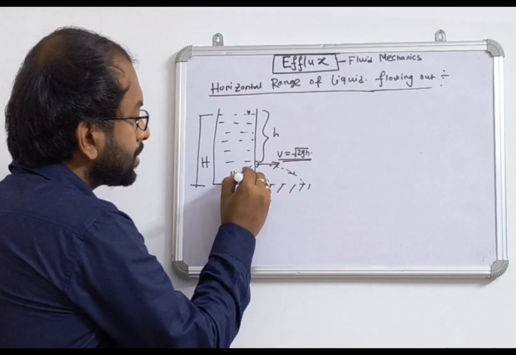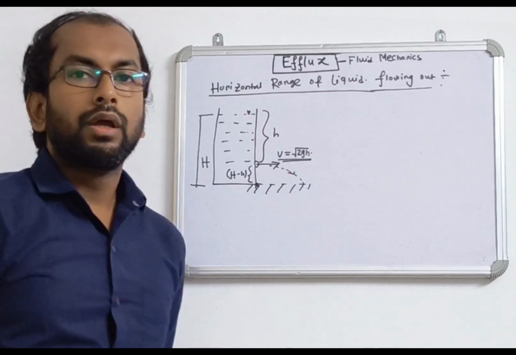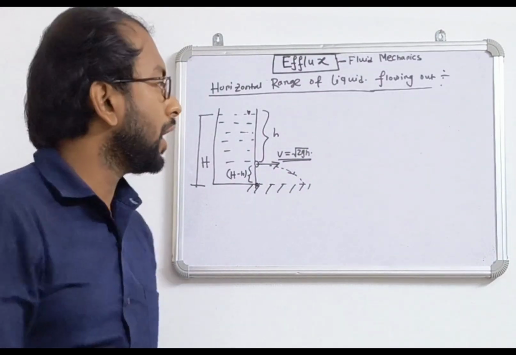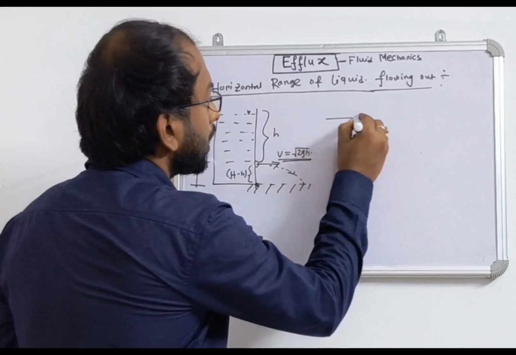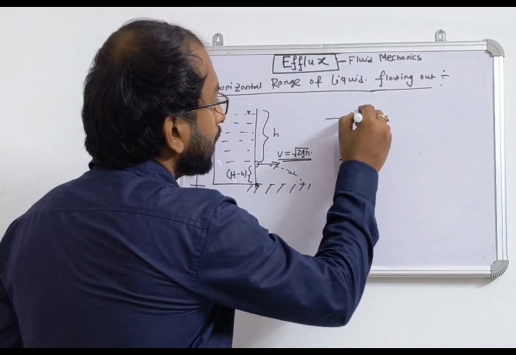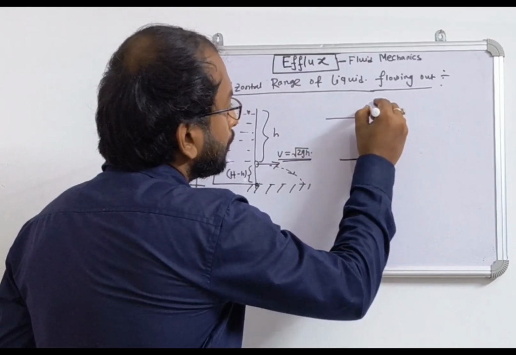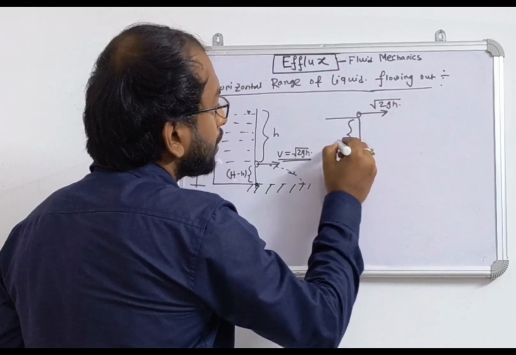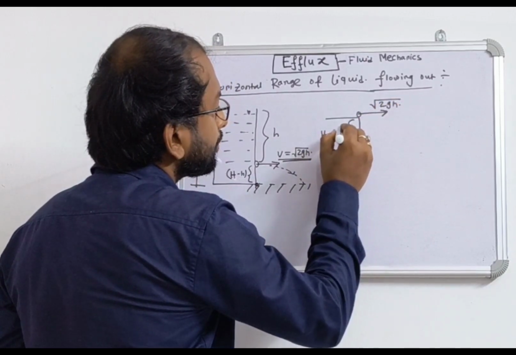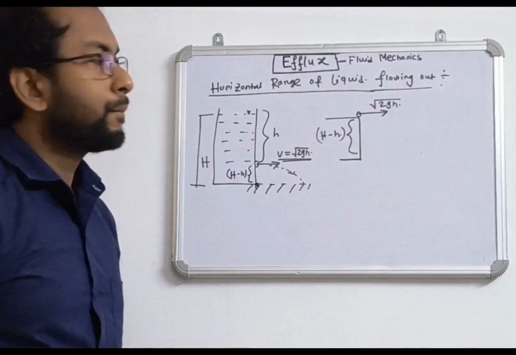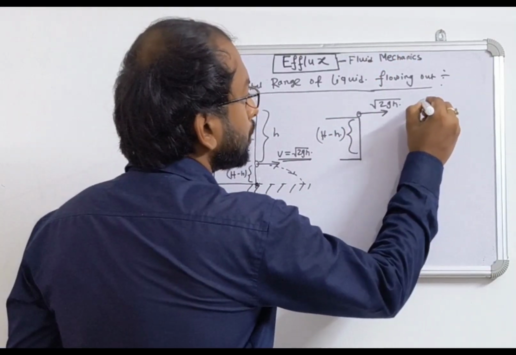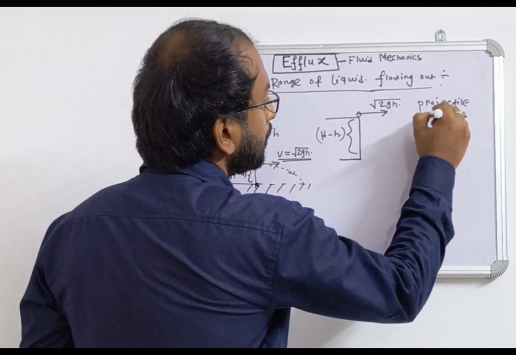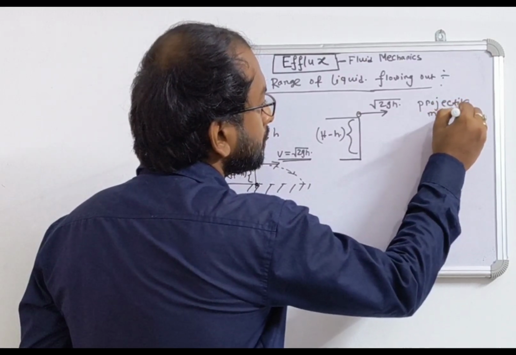H minus h. Now this problem reduces to a problem of projectile motion from a height. We will draw a similar diagram here, where a projectile is projected with velocity root over of 2gh from a height of H minus h. So it is a projectile motion problem, projectile motion from a height.